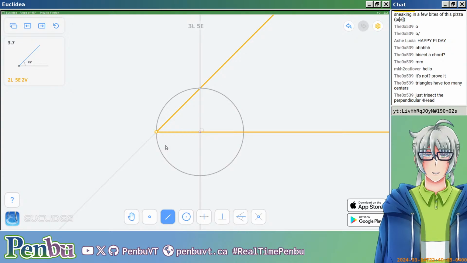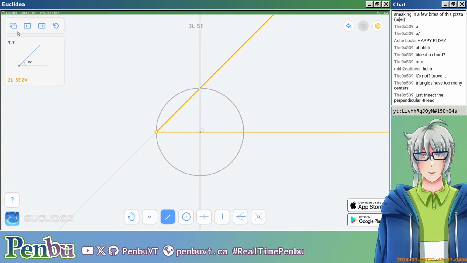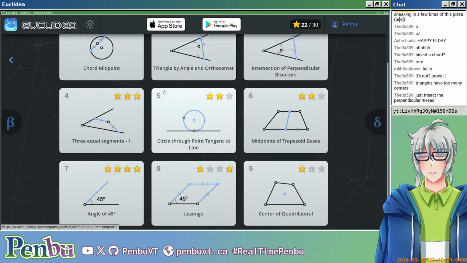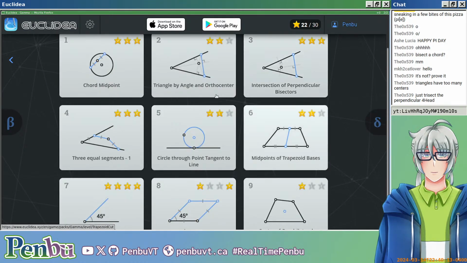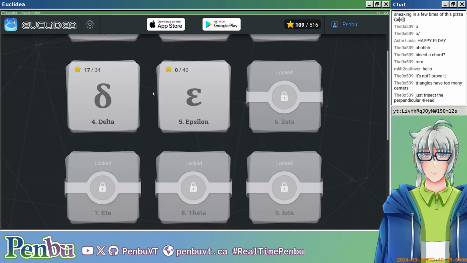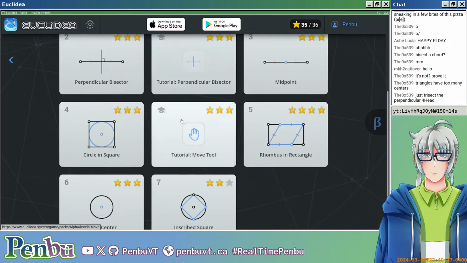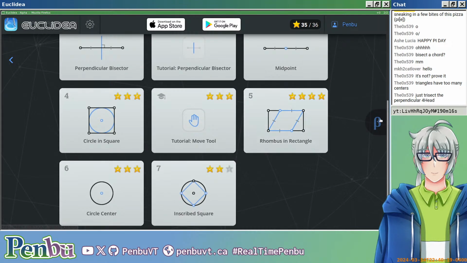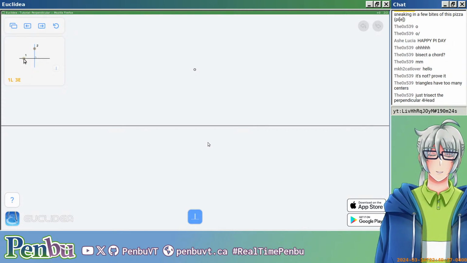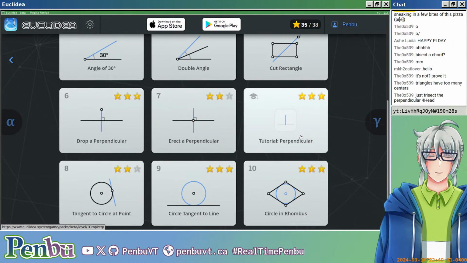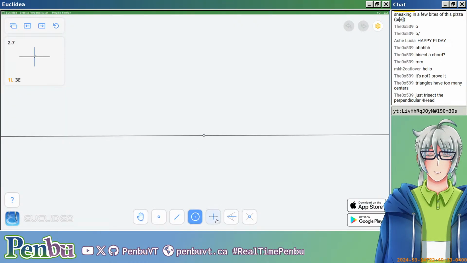The problem is we don't have a perpendicular tool. Okay, no, I managed to find the perpendicular in 3, and I don't remember how now. Or did we? No, we didn't. We didn't figure it out.